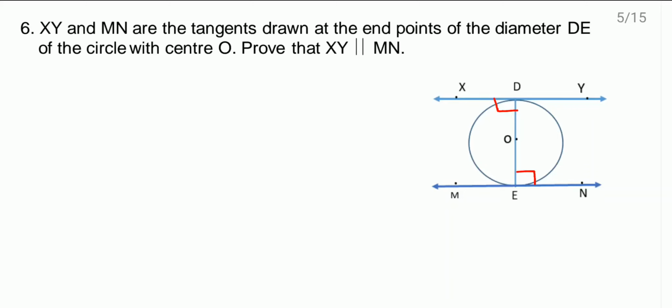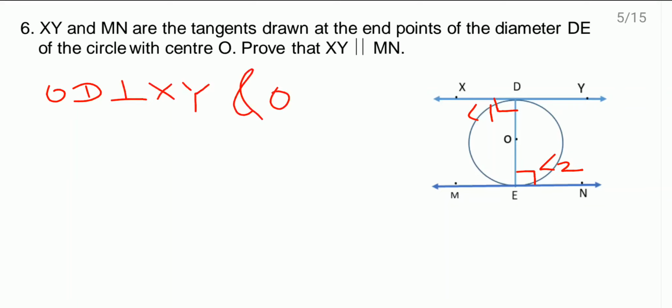Same reason. Look at this one. I'll name this angle as angle 1. I'll name this angle as angle 2. So angle 1 and 2 are equal because they are the alternate interior angles. And if they are equal, these two lines XY and MN are parallel. Only these things we need to write down. So here I will write down OD is perpendicular to XY and OE is perpendicular to MN.